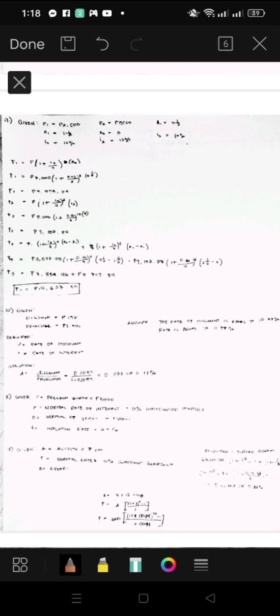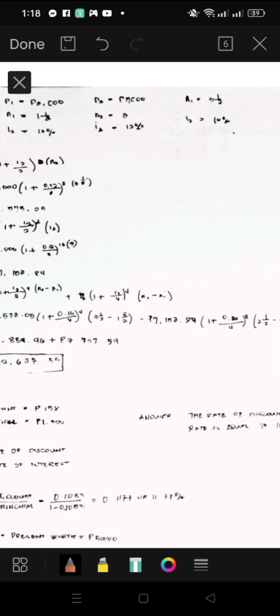The duration n1 is equal to 1.5 years, and the interest i1 is equal to 12%, or 0.12, and this is for the 1.5 years.